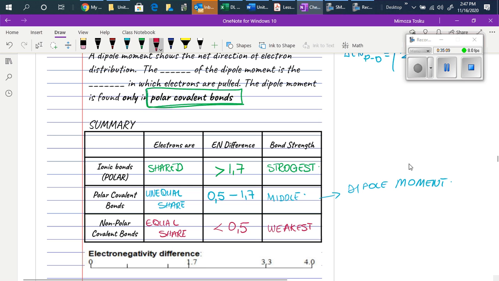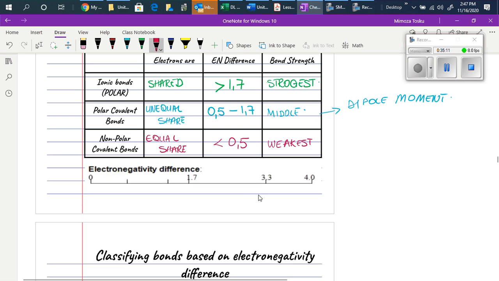Whatever is above 1.7 is considered ionic. Whatever is between 0.5 and 1.7 is considered polar covalent.